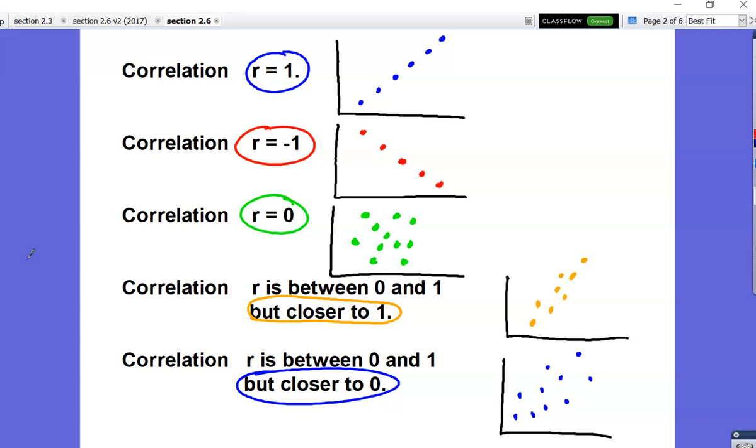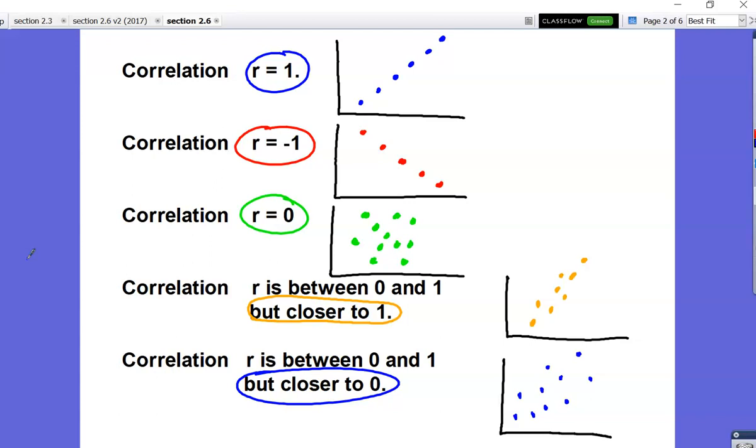So if you can't see a pattern at all, like in this middle graph where it says r equals 0, then there is no connection. There does not appear to be a relationship between y and x as x is increasing. If you have an R value that's between 0 and 1, that means there's a positive relationship: as x increases, y increases also.